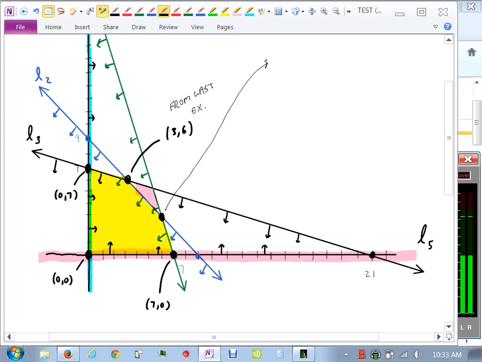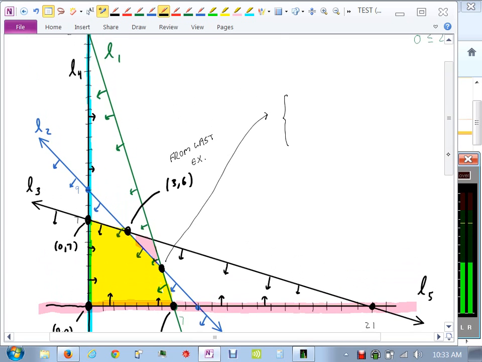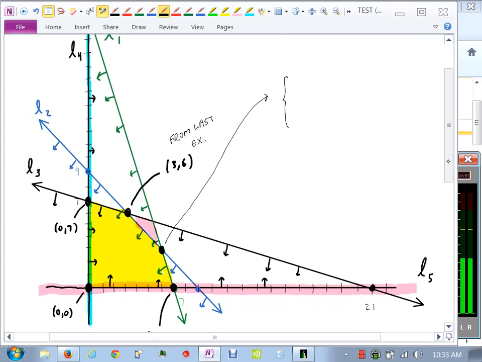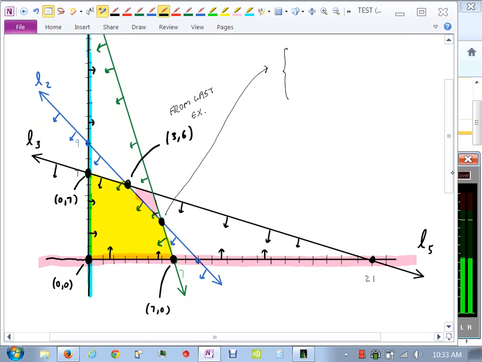But you cannot just do that on a test. You must show the work. So how are you going to do it? You're going to set up a system of equations. What two equations are you going to use? Yeah, what lines do you see intersecting there? The L1 with the L2. So you're going to set up a system of equations with just L1, which is 3x plus y equals 21, and L2, right, which is x plus y equals 9.